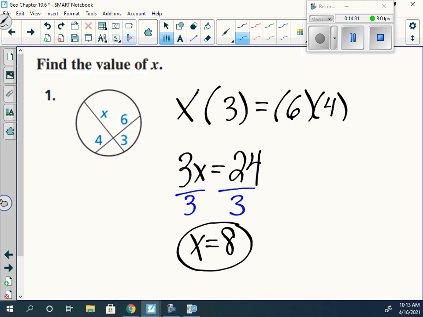And it just wanted us to find the value of x. Because even if we wanted to plug it back in, well, that would just be 8. So one segment would be 11, and the other segment would be 10, because we can just add those numbers together.